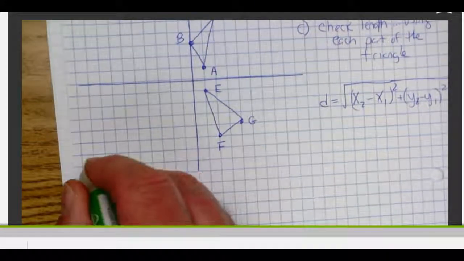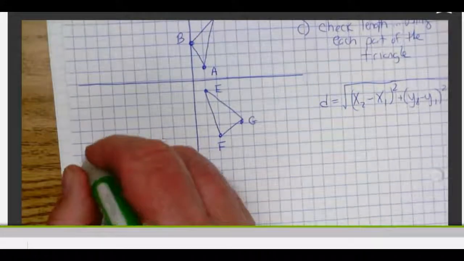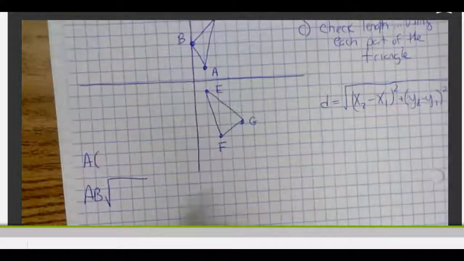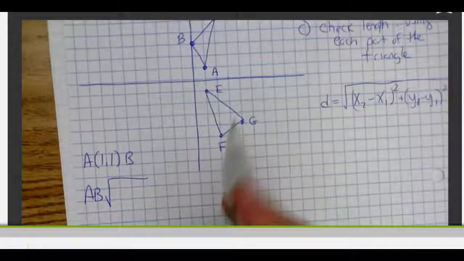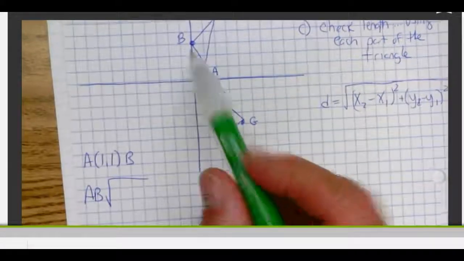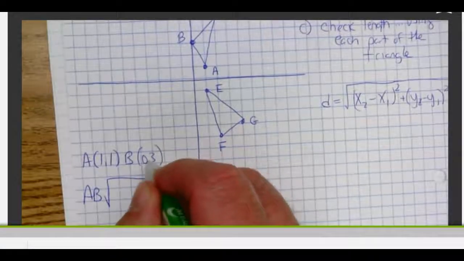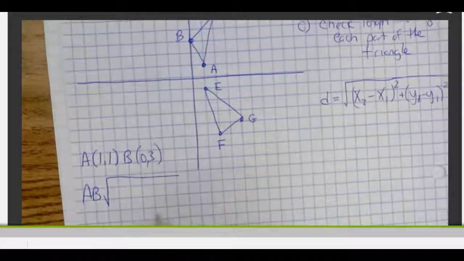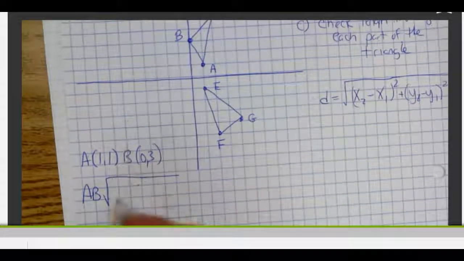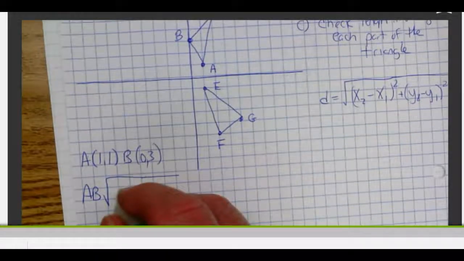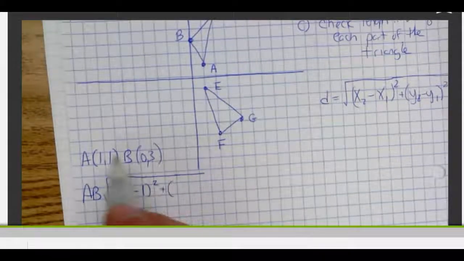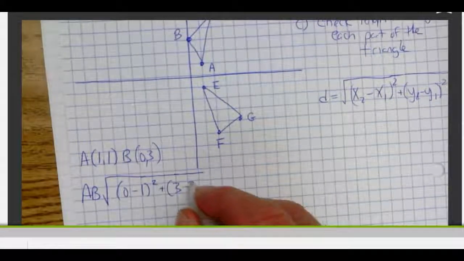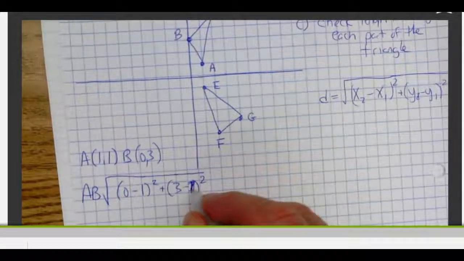So we're going to go back and put these points in. A looks like it's (1, 1). B is equal to (0, 3). Then we plug those in. So it's 0 minus 1 squared plus the y's, 3 minus 1 squared.